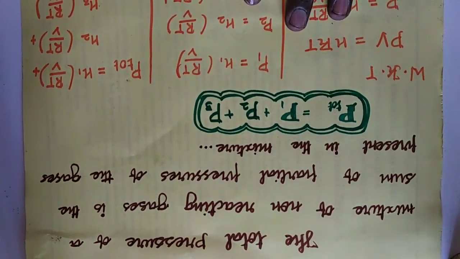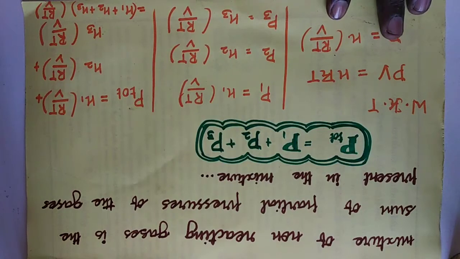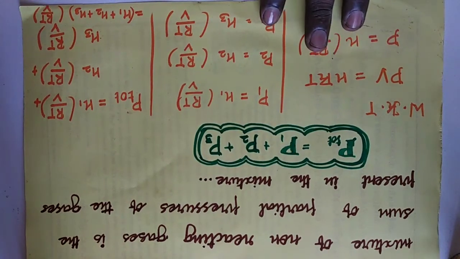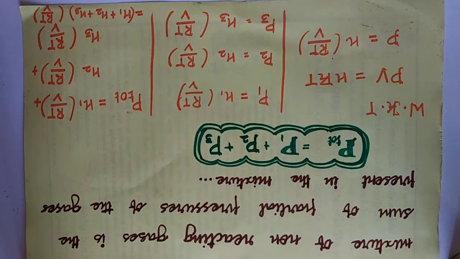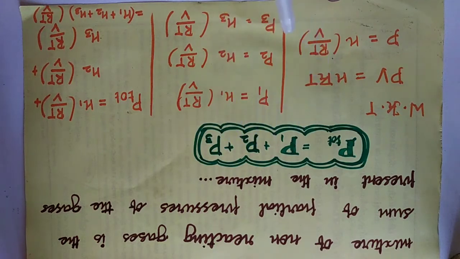Dear students, we know the ideal gas equation. What is the ideal gas equation? PV is equal to nRT. From this ideal gas equation, we derive the value of pressure P, which is equal to nRT divided by V. Using this expression, we are going to find the partial pressure of each gas in the mixture.